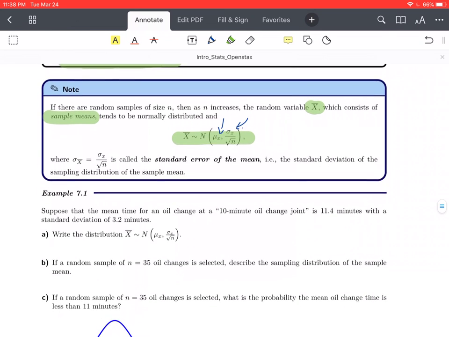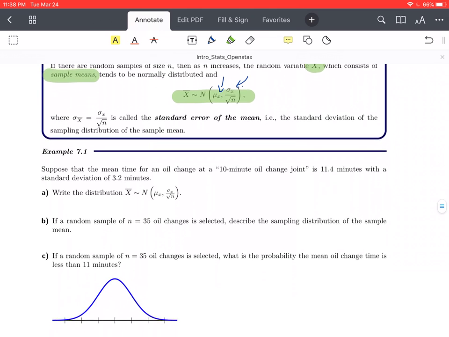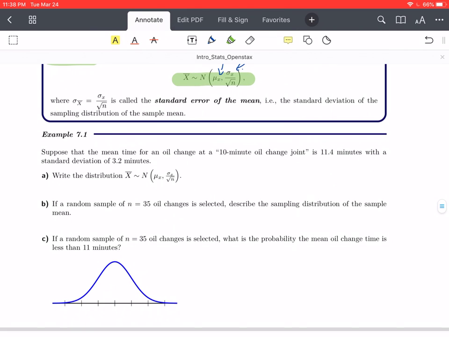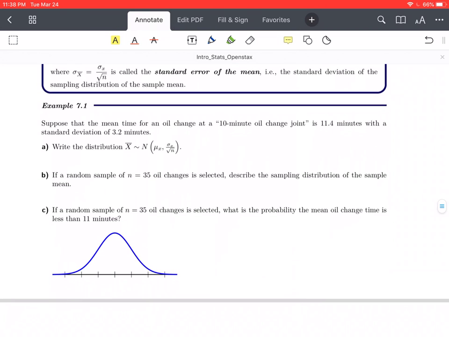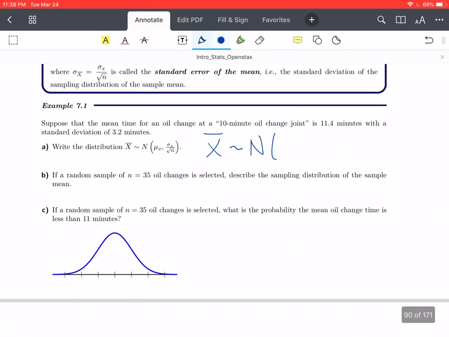So suppose that the mean time for an oil change at a 10-minute oil change joint is 11.4 minutes with a standard deviation of 3.2 minutes. Write the distribution. Okay, so we have x bar is approximately normal with mean being 11.4, standard deviation being the standard deviation of 3.2 divided by the square root of n, for whatever value n is.